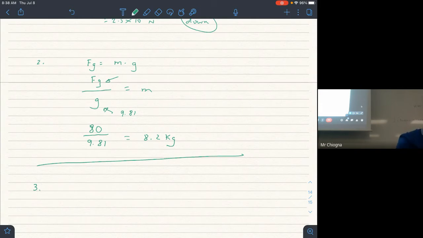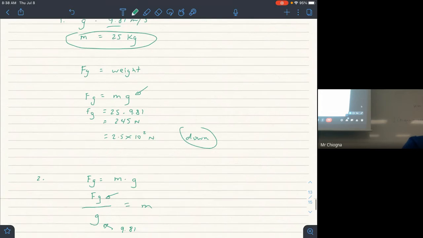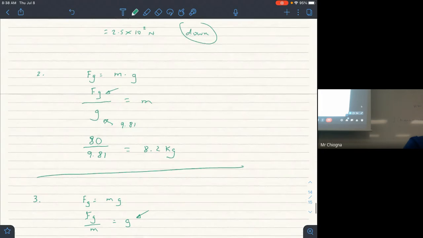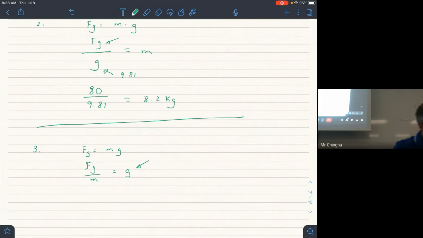Three. Just read that over. This can change depending upon where you are. 103, I think we did it in class yesterday. I just didn't highlight certain things, so I wanted to make sure I went over that.